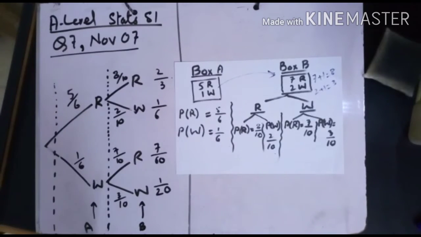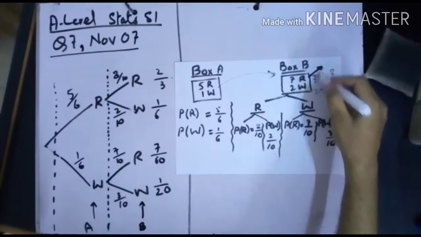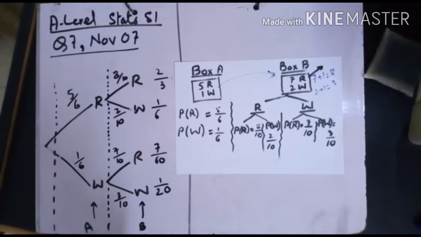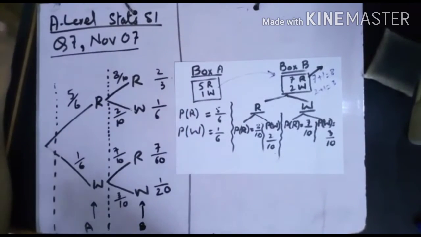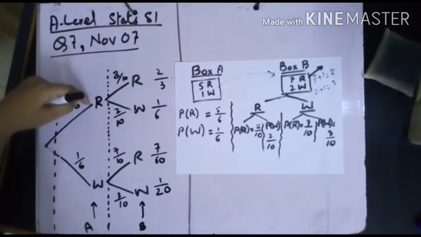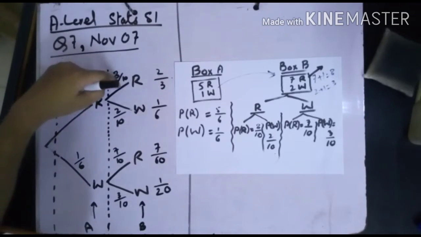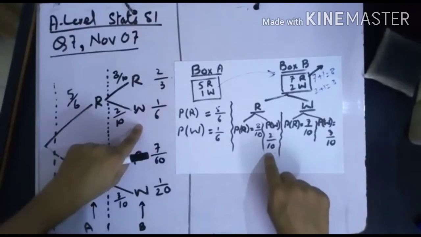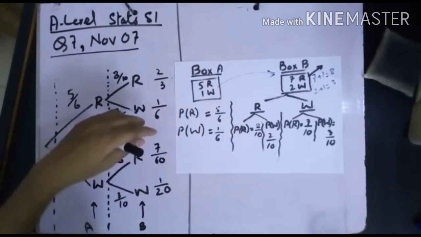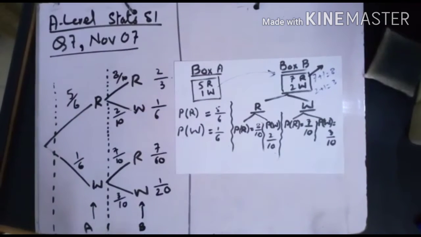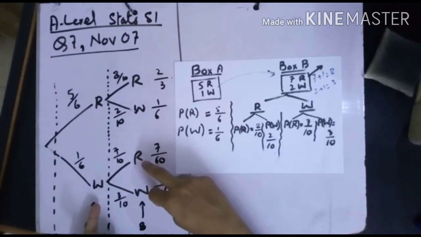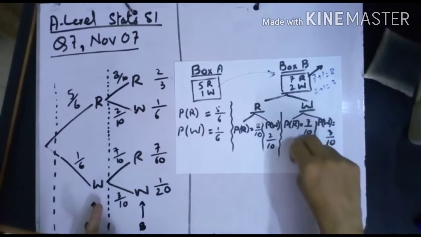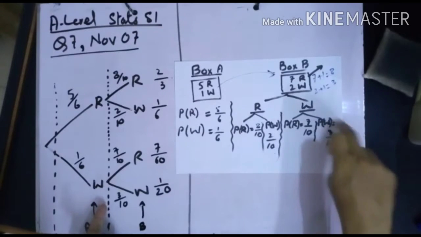In the second case, we have to draw the paper clip from box B. So the probability of drawing a red paper clip, given a red paper clip already drawn from A, is 8 over 10. And for white, this is the case. When the paper clip from A was white, two cases arise here: 7 over 10 for red and 3 over 10 for white.